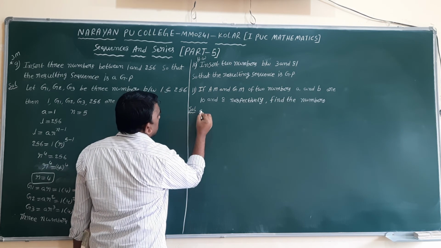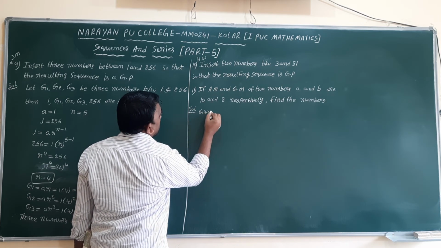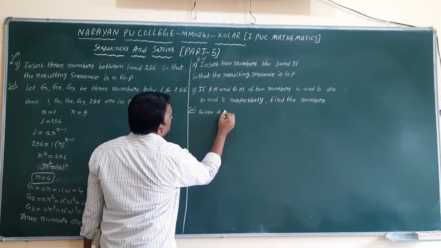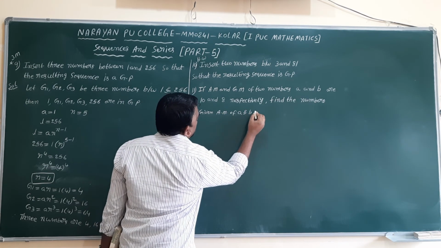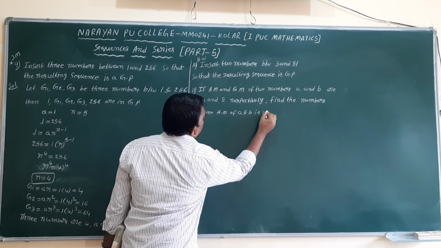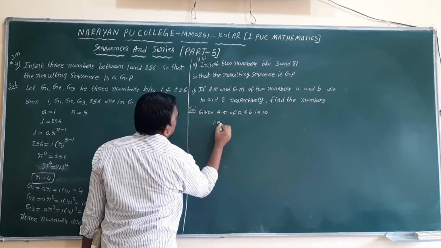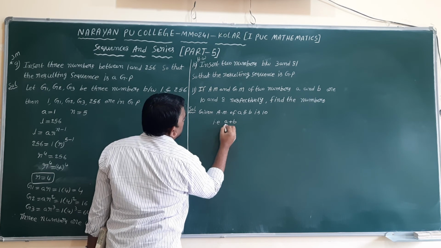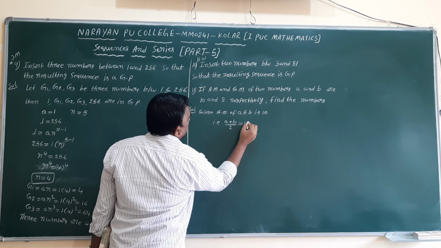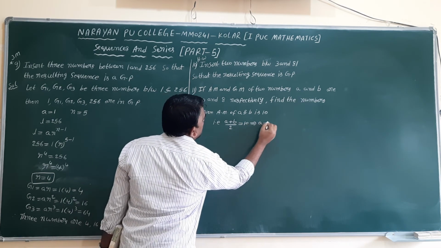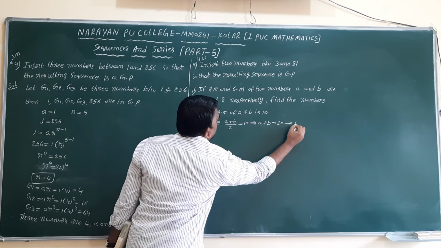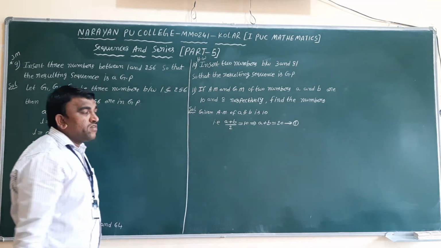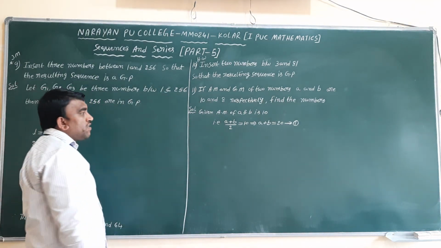So here given AM of a and b is 10. That is, AM is a plus b by 2 equal to 10, which implies a plus b equals 20. Take it as equation 1. So from AM we got a plus b equal to 20.